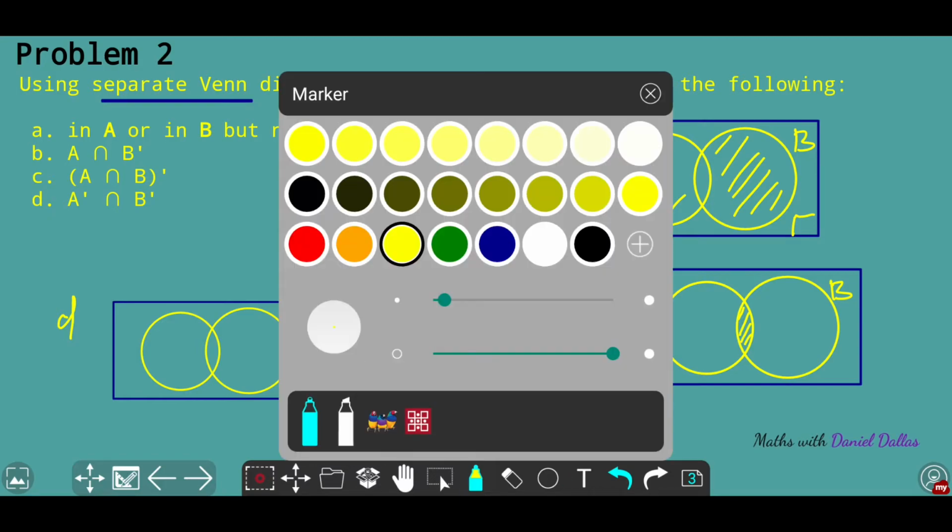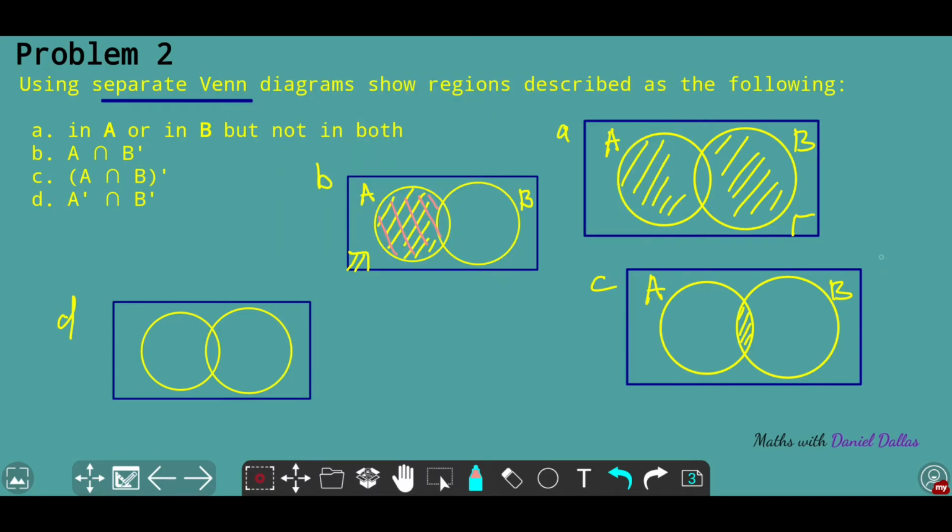So everything outside I will shade with this one, so the answer is going to be this sort of shading. That means outside is here, and of course the rest that you can find here outside the circles. That's going to be the answer for C. Alright, so let's go to D.